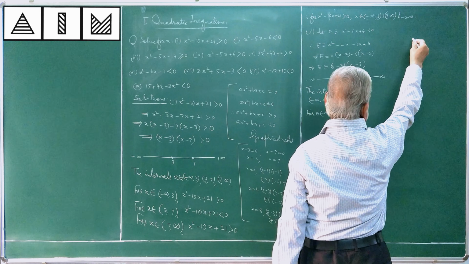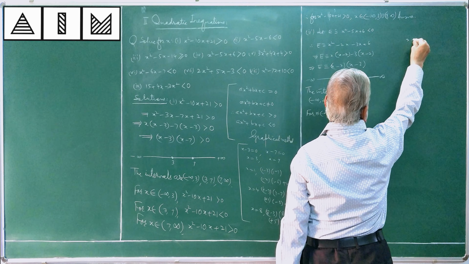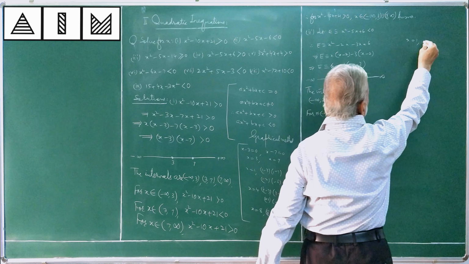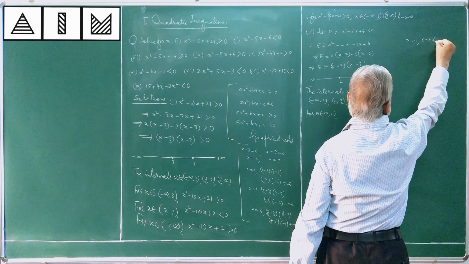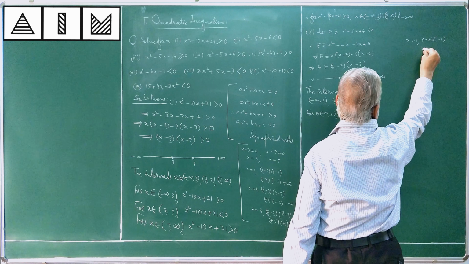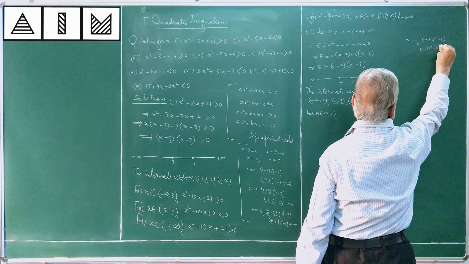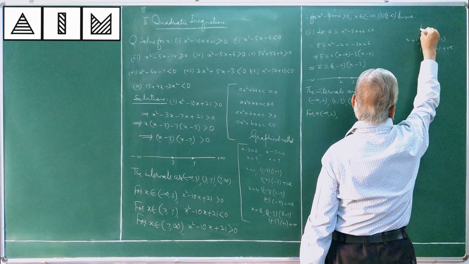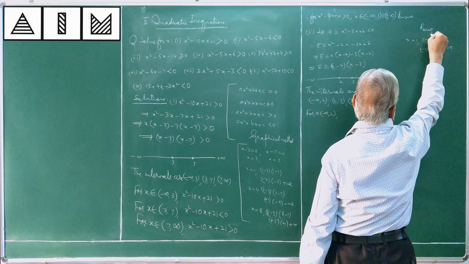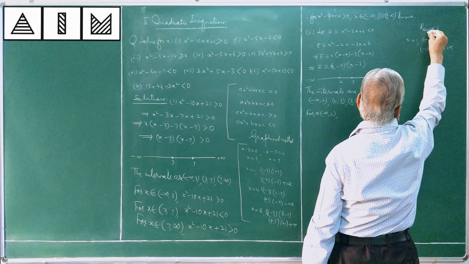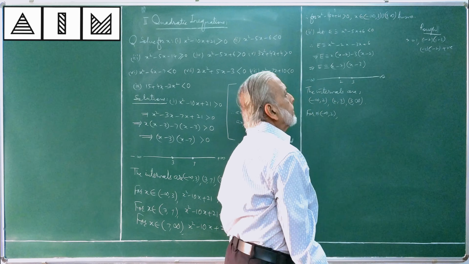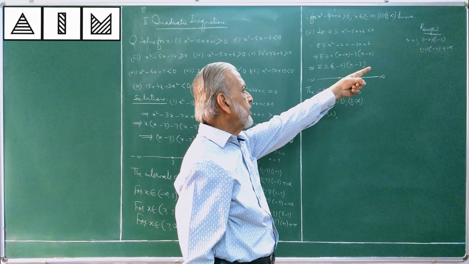See here, this is rough work once again. For x is equal to 1, 1 minus 2, 1 minus 3, minus 1, minus 2, positive. This is rough work. I am reiterating, this is rough work, please note. So, in the first interval, it is positive.